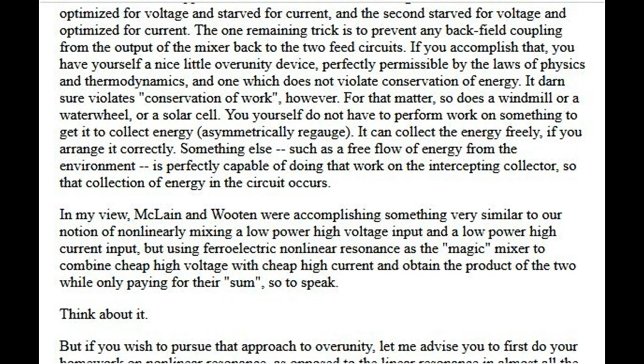The one remaining trick is to prevent any backfield coupling from the output of the mixer back to the two feed circuits. If you accomplish that, you have yourself a nice little over-unity device, perfectly permissible by the laws of physics and thermodynamics, and one which does not violate conservation of energy. It darn sure violates conservation of work, however.